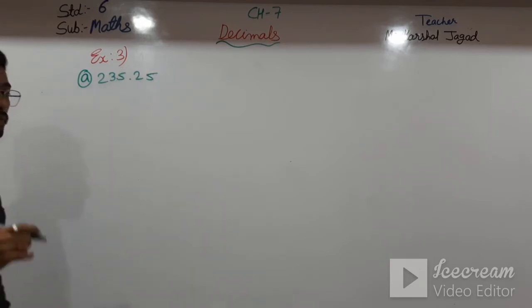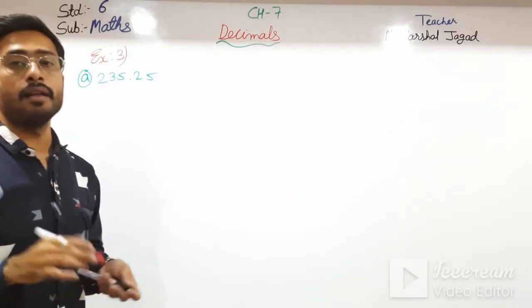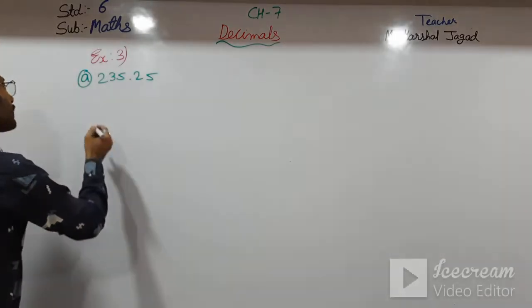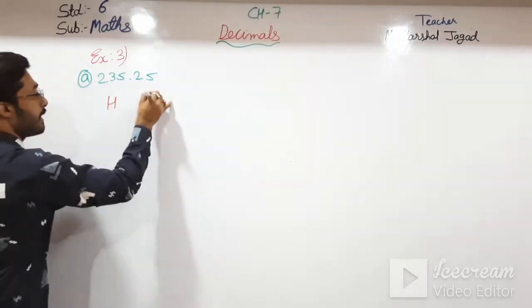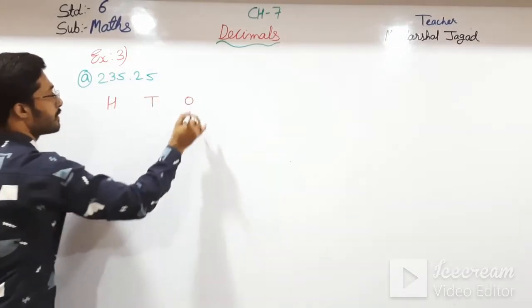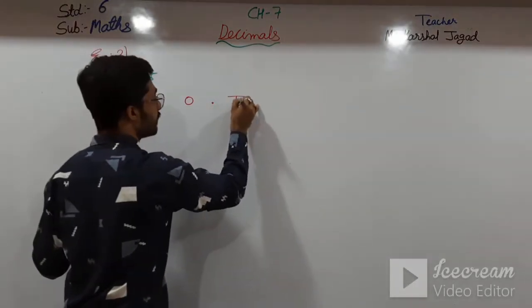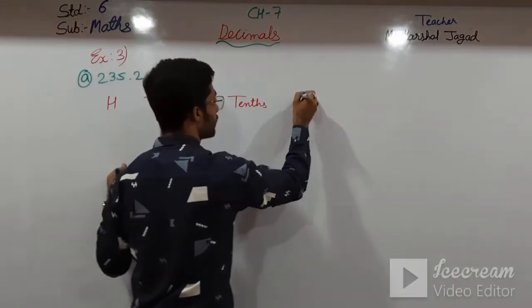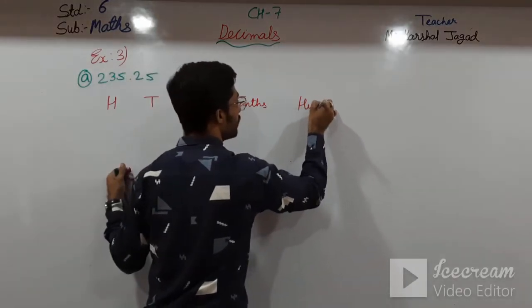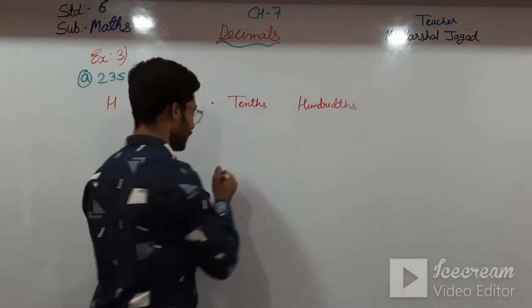So first of all, what do we have to do? We have to make a table for putting the values. So here, first hundreds, tens, ones, then after that the point, then tenths, then hundredths.